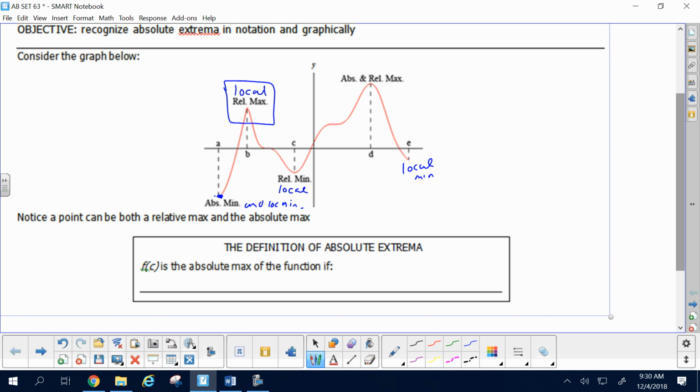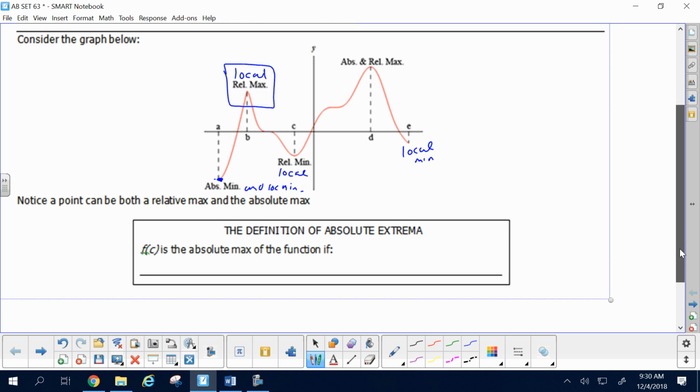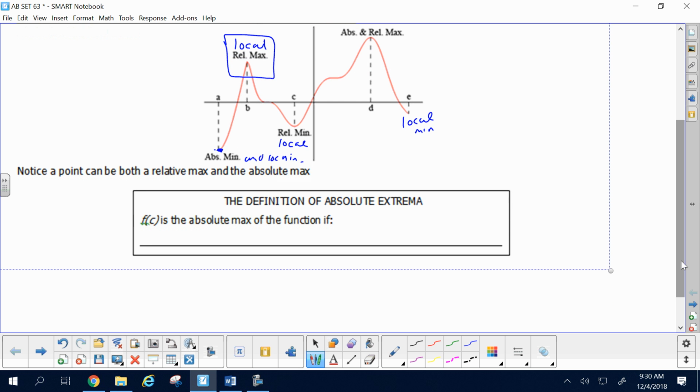So I guess you could start by saying that absolute mins are less than or equal to all other y values, and absolute maxes are greater than or equal to. And they can also be relative mins or maxes because if they're greater than the whole world, they're also greater than their little neighborhood. Yeah? Pretty straightforward definition of absolute extrema is something like this. f at c is the absolute max of the function if that y value, f at c, is greater than or equal to all other y values.